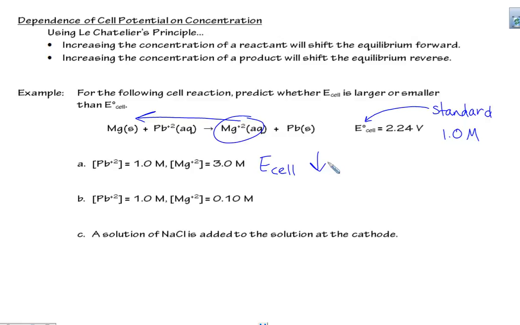Remember, if you decrease a particle in the reaction, we shift to produce more. So now we'd want to increase the concentration of the magnesium, which means we're going to shift it forward. If we shift more forward, the cell potential should increase.